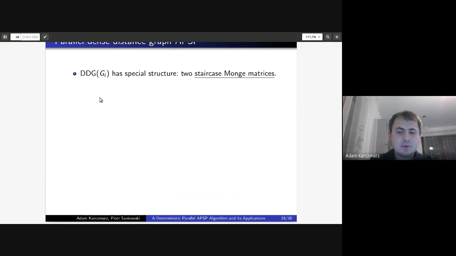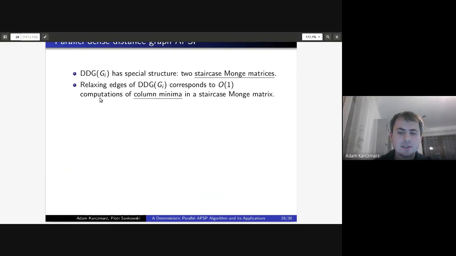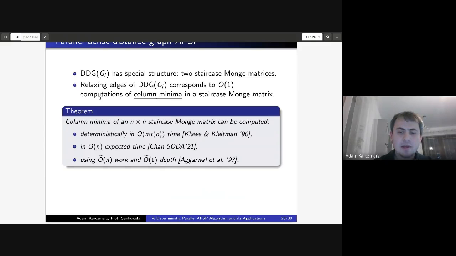This is possible since a dense distance graph has a very special structure. Namely, it is composed of two so-called staircase Monge matrices. Now consider a Bellman-Ford step. Relaxing all the edges of a dense distance graph can be done via a constant number of computations of column minima in a staircase Monge matrix. Luckily, we know very efficient algorithms for this task.